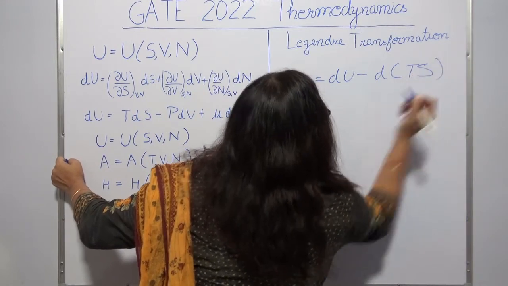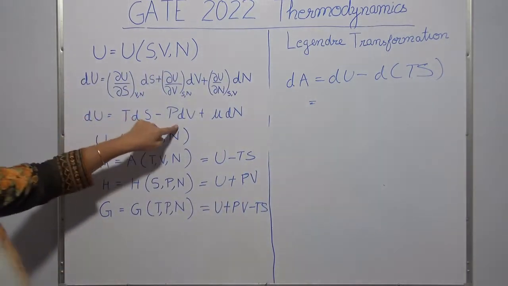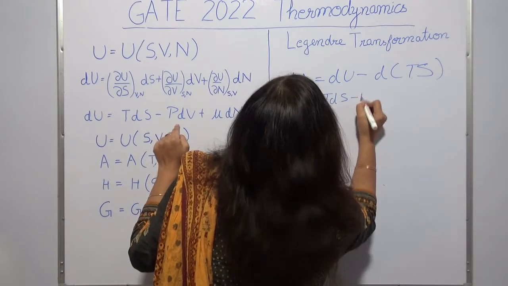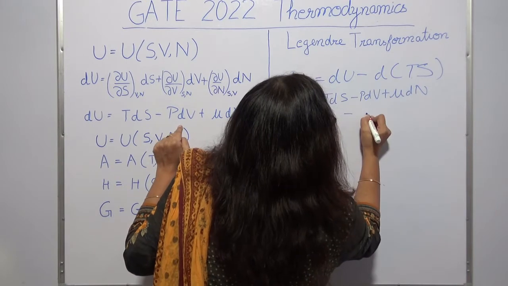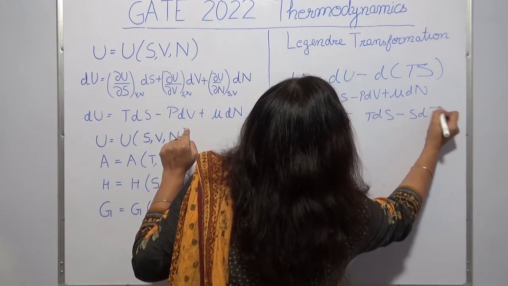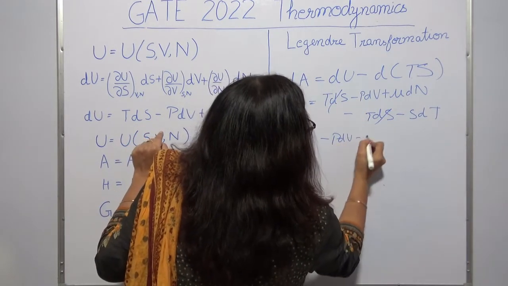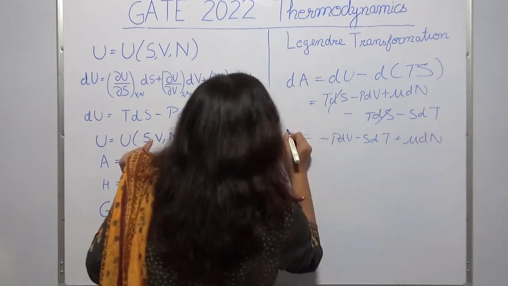So what is dU? dU is equal to TdS minus PdV plus mu dN. So TdS minus PdV plus mu dN minus TdS minus SdT. TdS gets cancelled and I am left with minus PdV minus SdT plus mu dN. So this is dA.